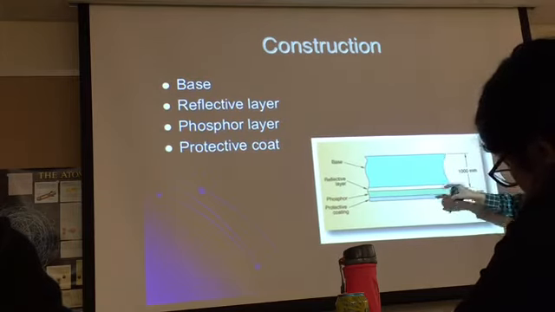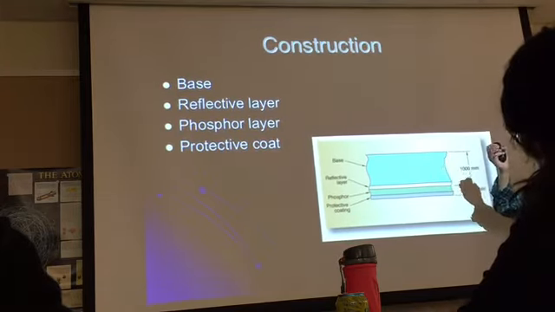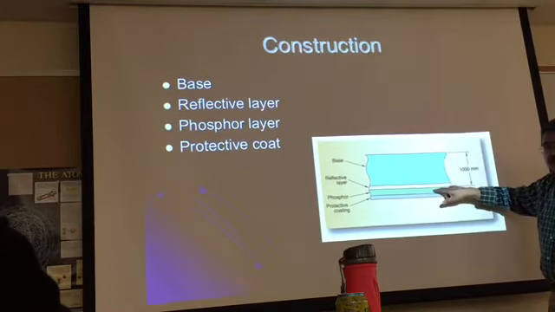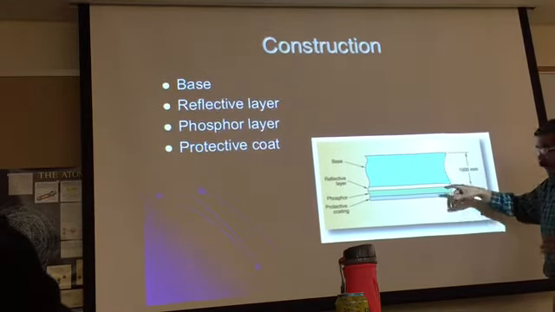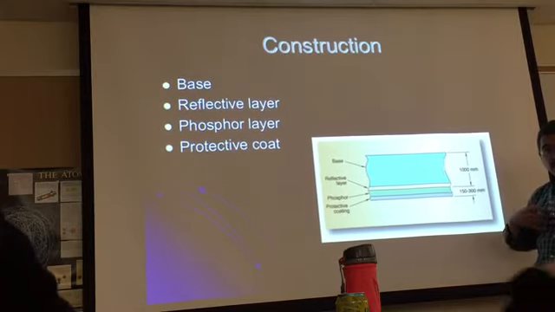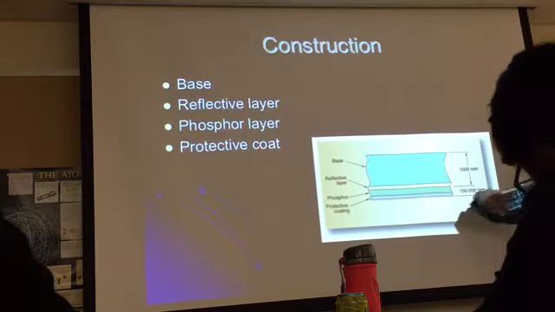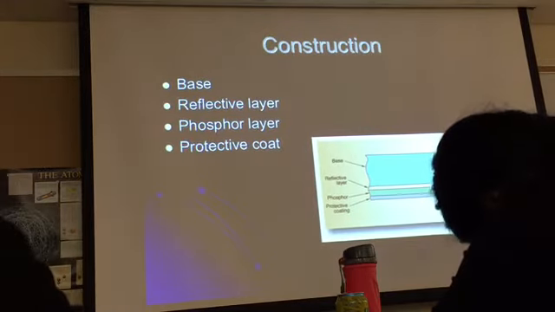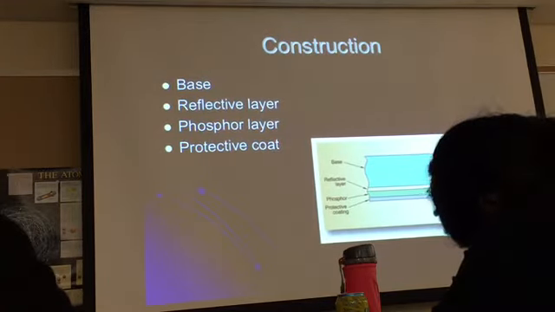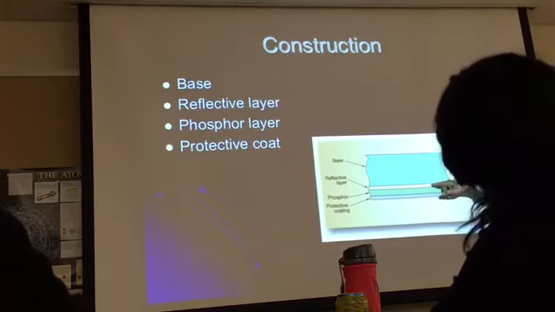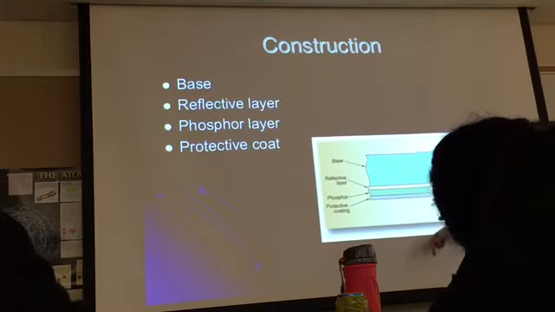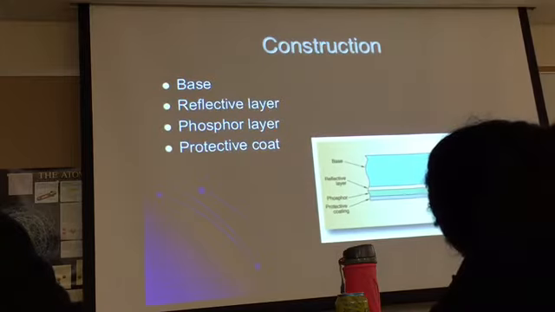The phosphor will absorb, will suck the energy of the X-ray, and then in response it will emit that shining light that you saw there, the green light. You don't want that light to go to waste, so you have this reflective layer to point it back down. Make sense?